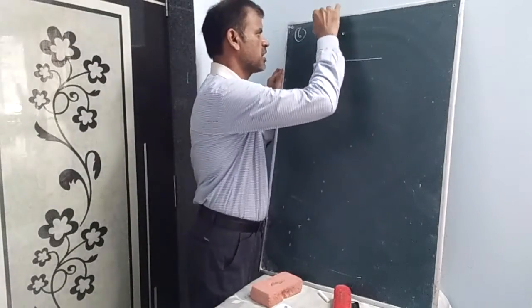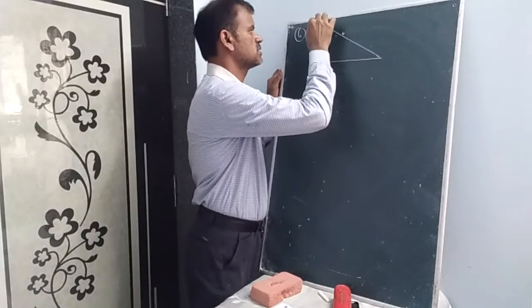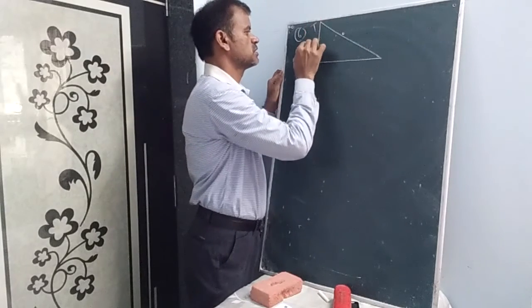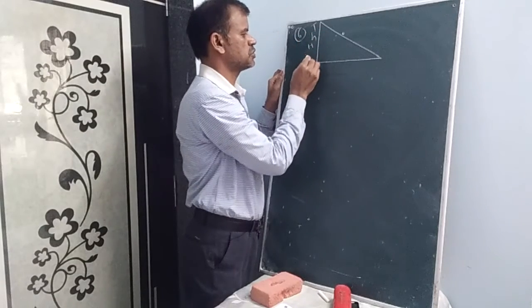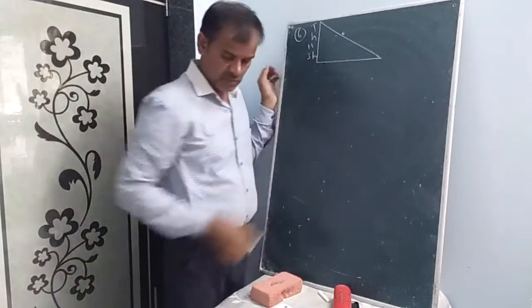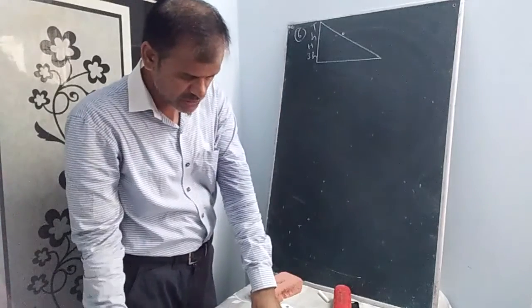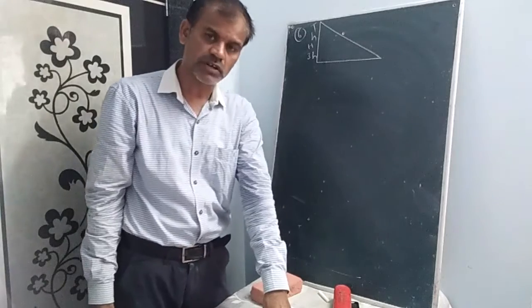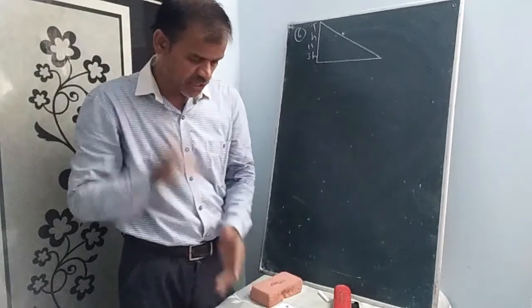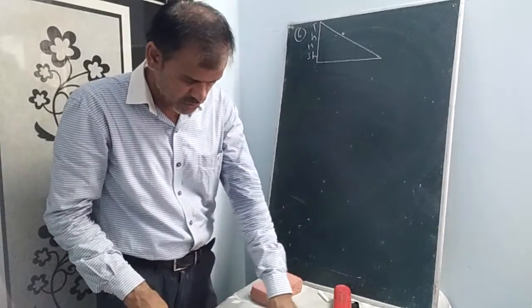This is the tower, this is the hill. Tower height is h, hill height is 3h. That is the condition.